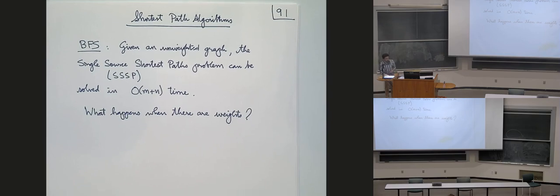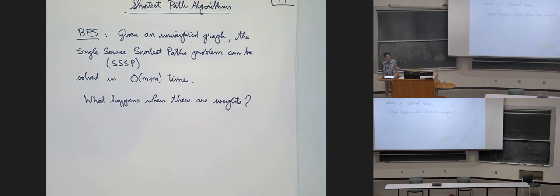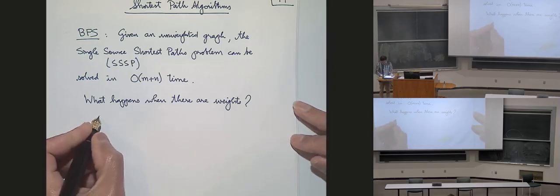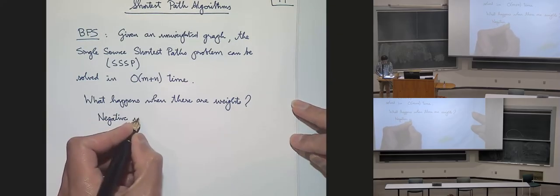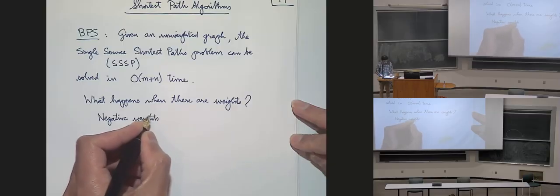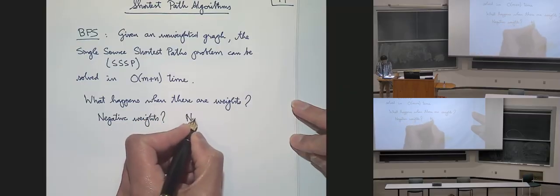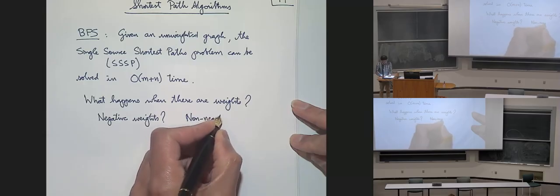I shouldn't say most, but many applications of shortest paths, you really care about weighted networks. And even in the case of weighted networks, there are two cases. You can have negative weights or just non-negative weights.